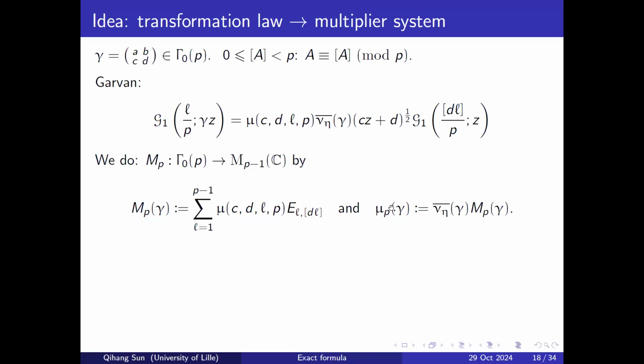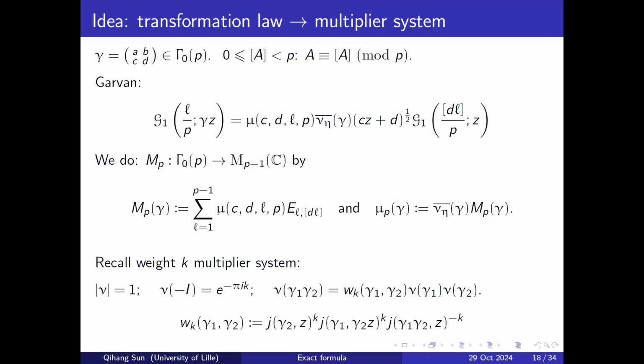Not actually a multiplier system, now it's a multiplier matrix in front of it that gives the good transformation properties of this mu. But how do we know anything about vector valued multiplier systems?